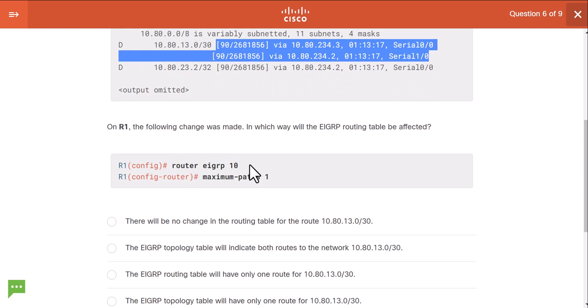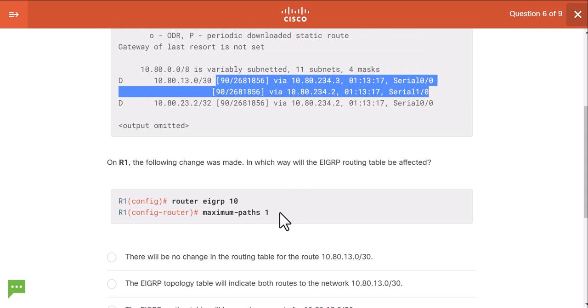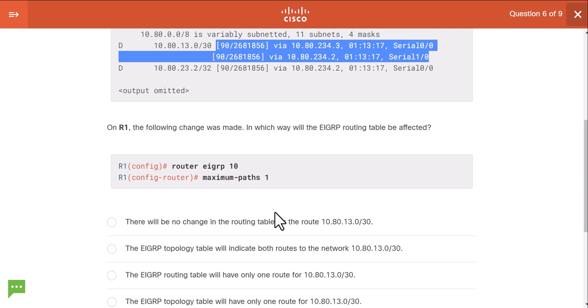Router EIGRP 10, and then we use the command maximum paths. Okay, maximum paths. We limit the amount of paths that can be put into the routing table, or maybe it can put more routes into the table, but only use one.